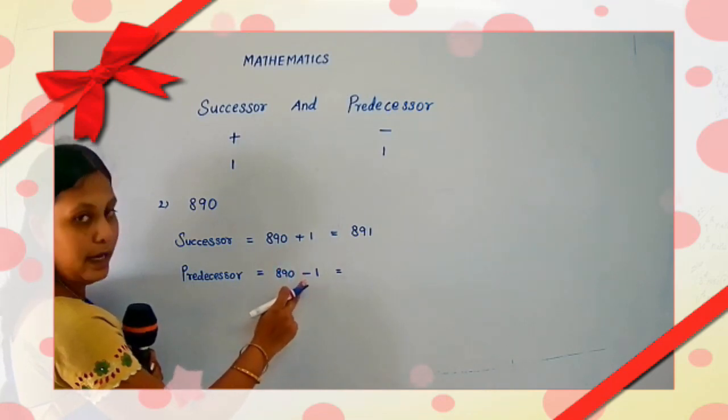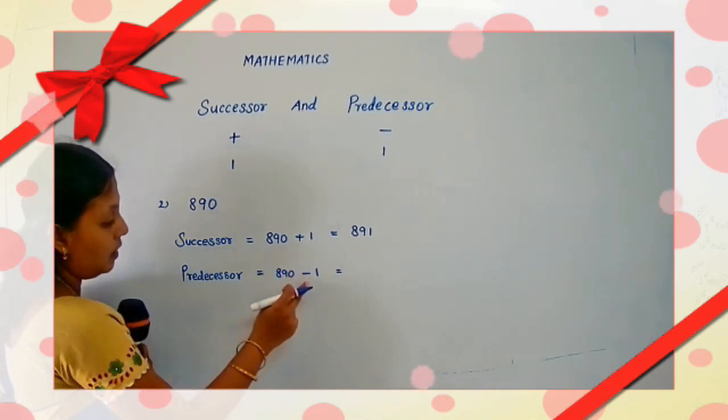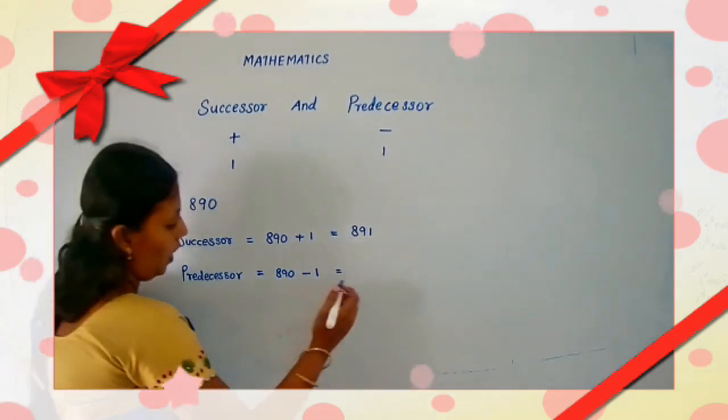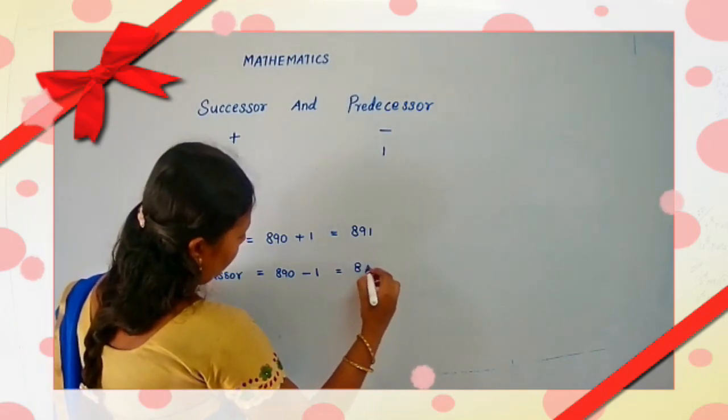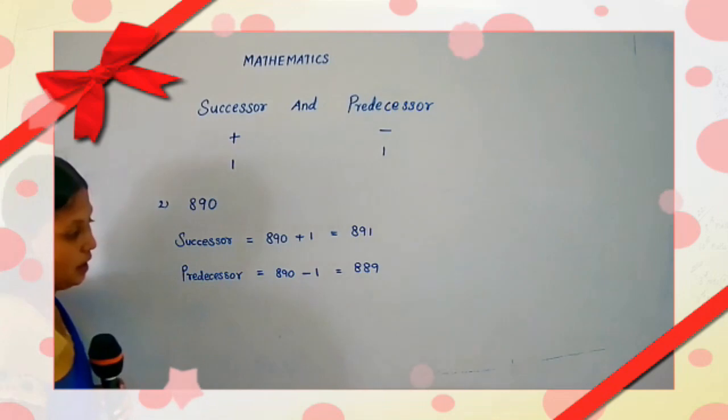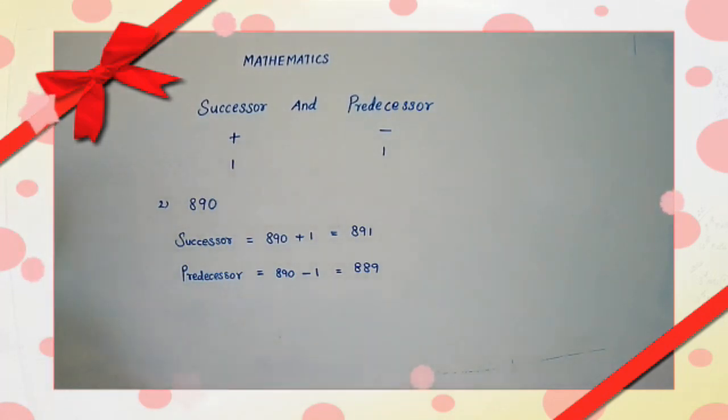This one is minus. Plus and minus. You can see here 890 minus 1 is 889.